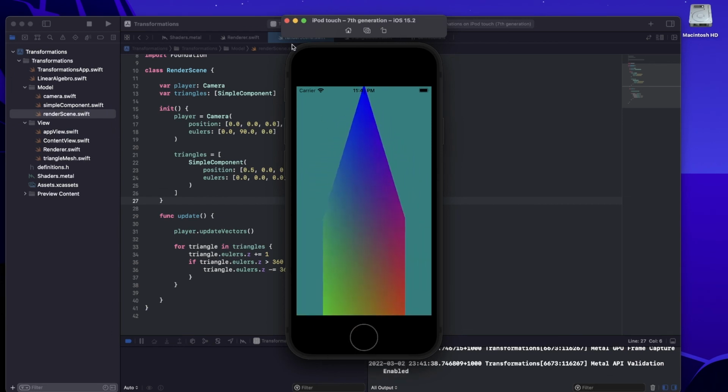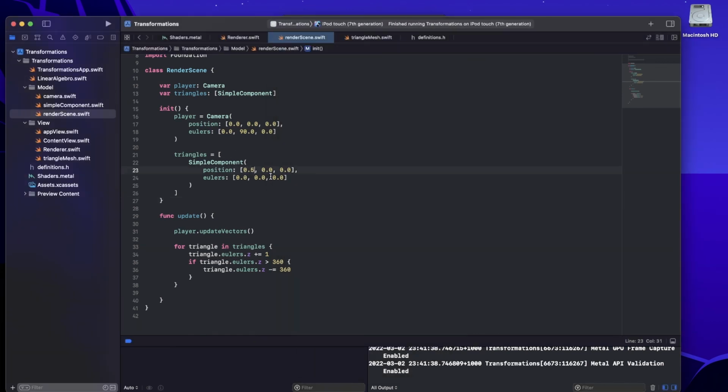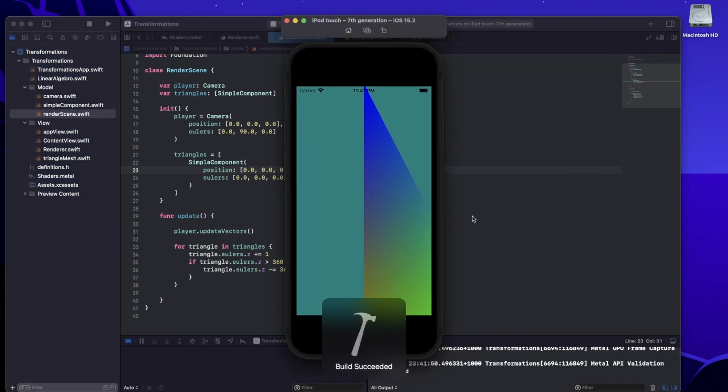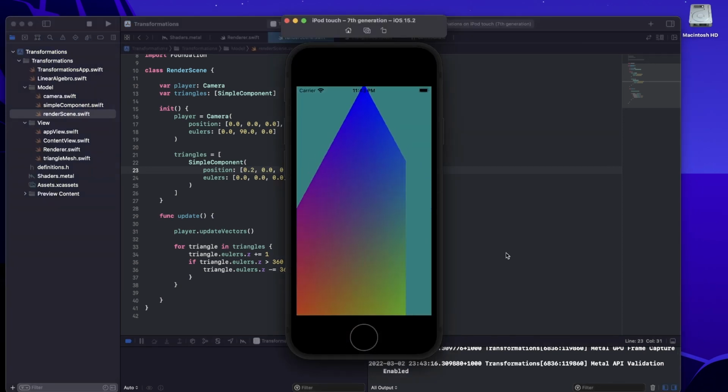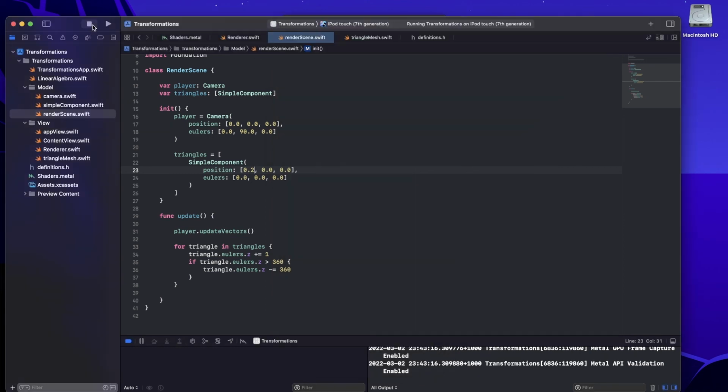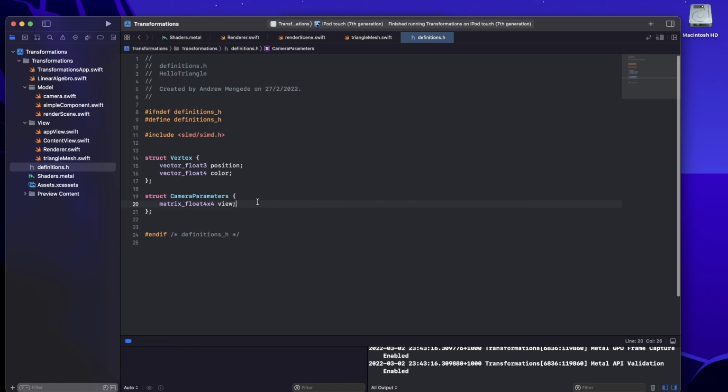Now, similarly, if I set this so that we're at an X of 0, okay, fair enough. Nudge it a little bit past the camera. Okay, cool. So now it's working. Now, where were we? Right, projection, of course. So no problem. We just go to our definitions and we're going to add projection matrix.